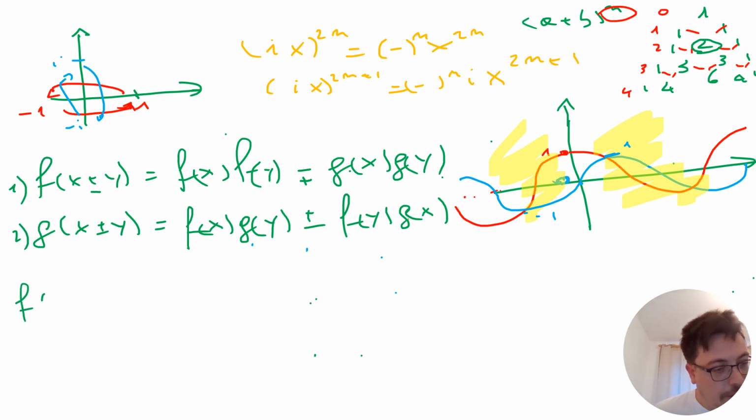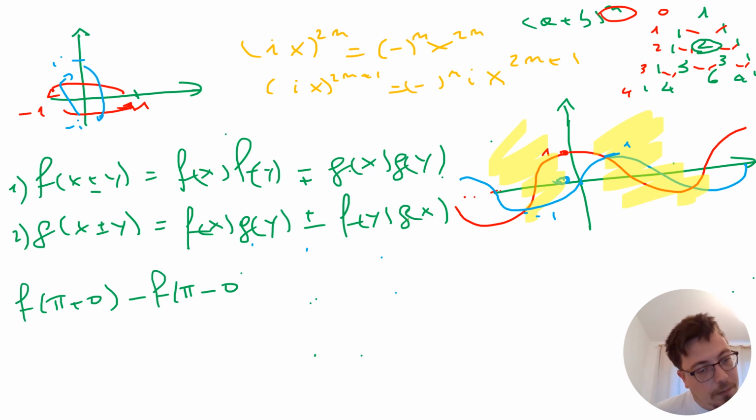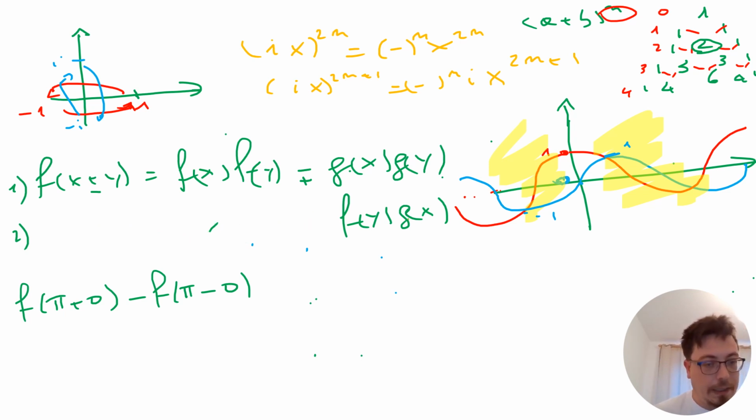We calculate f of pi plus 0, and I will tell you in a sec why I explicitly write the 0, because I want to use, let me erase this one because I won't use it, but by the same logic we can get the result.